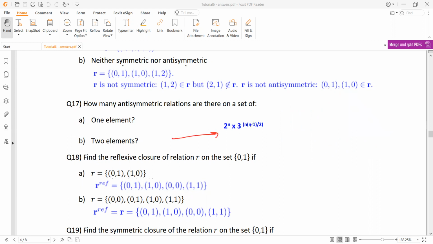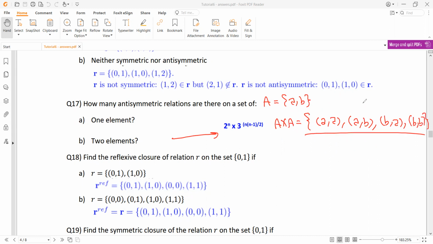If I have set A, which is A, comma B, A Cartesian product with A is A with A, A with B, B with A, B with B. The power set of this generates 16, okay?